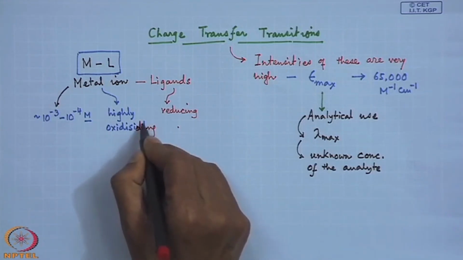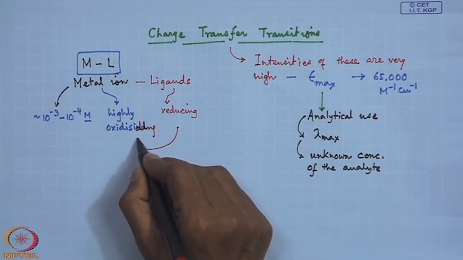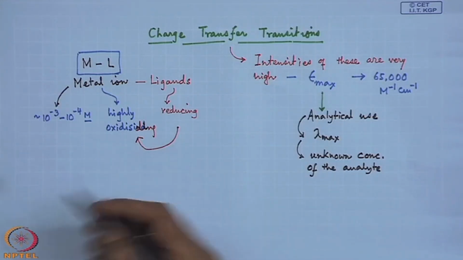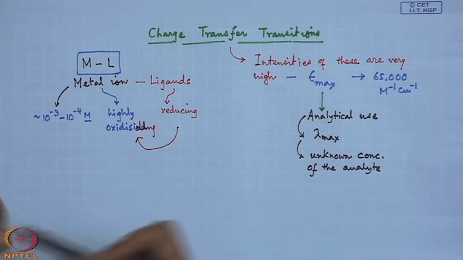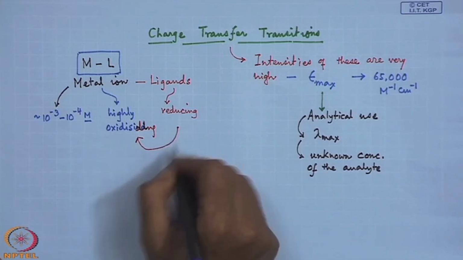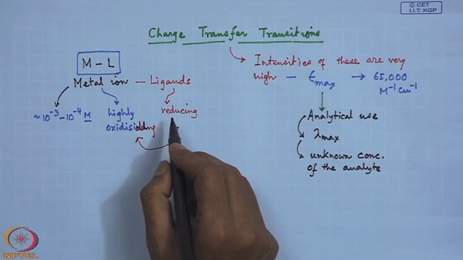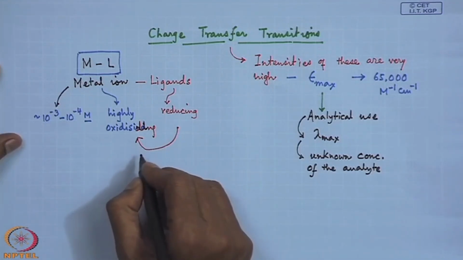In this particular case the transfer of charge can take place from the ligand side to the metal side. In this direction only, ligand to metal charge transfer can take place, and we categorize it as one particular type of charge transfer.